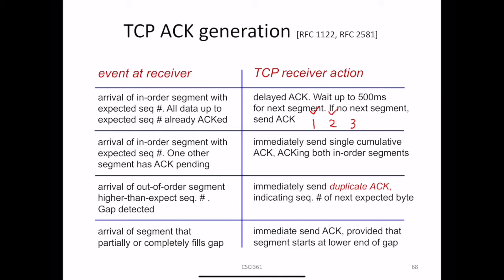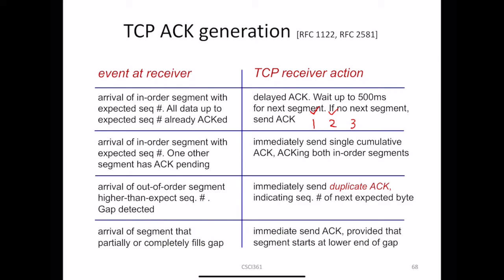Under this kind of situation, the TCP receiver will delay the ACK and wait up to 500 milliseconds before sending ACK3 back to the sender side. If after 500 milliseconds the receiver still doesn't receive any in-order segments, it just transmits ACK3 back to the sender. So this is the first event and action pair.